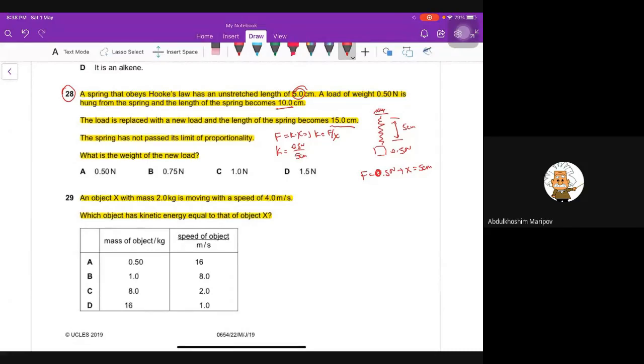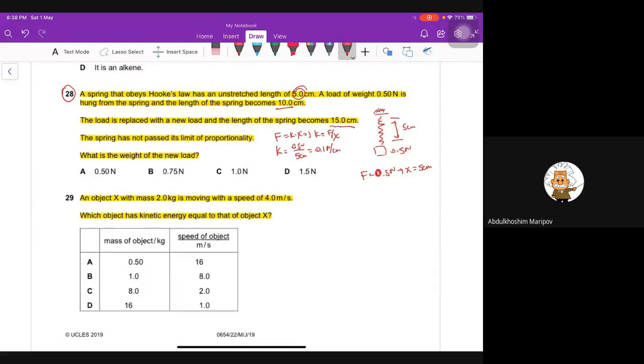So if we do so, guys, use calculators. 0.5 is simply 1 over 2, times 1 over 5, which is 1 over 10. So 0.1 Newton per centimeter, right? All right.